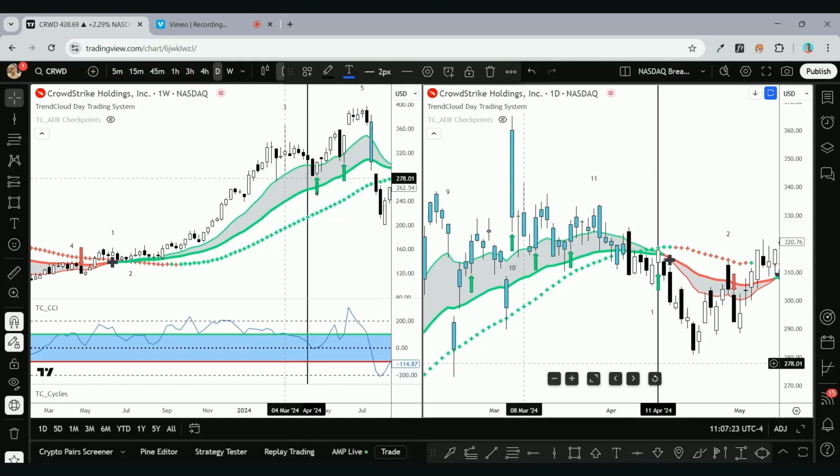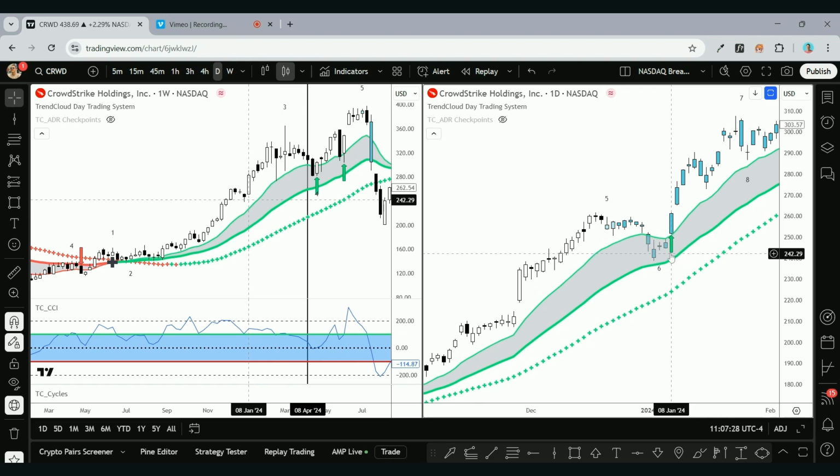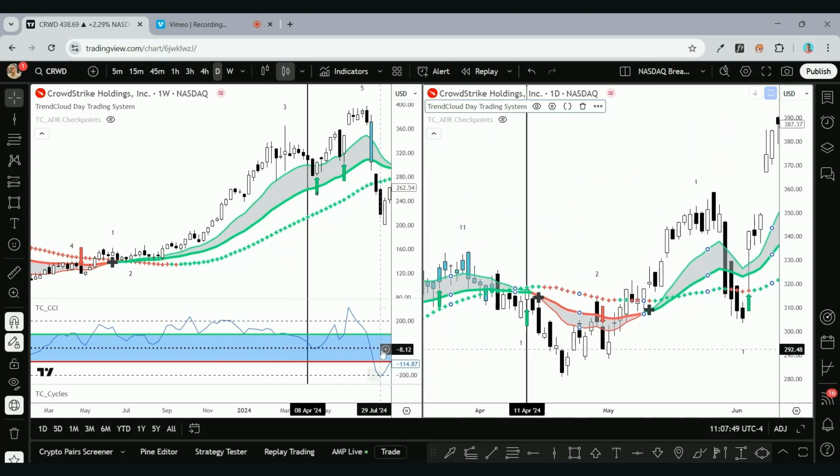It's better when we take those trend cloud signals and they're above the 50 simple on that daily chart, right? You always want to have price above the 50 simple moving average when you are going long. And because this is a stock on the NASDAQ, you don't really want to be shorting this.